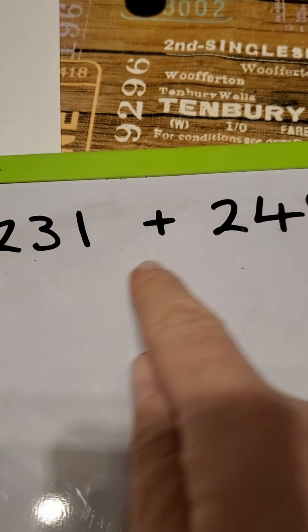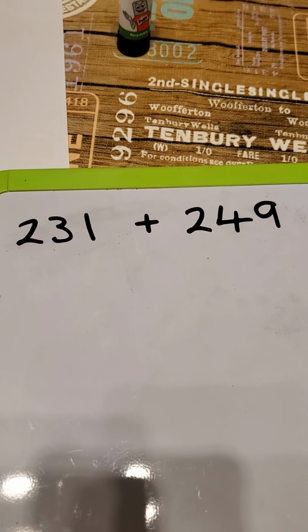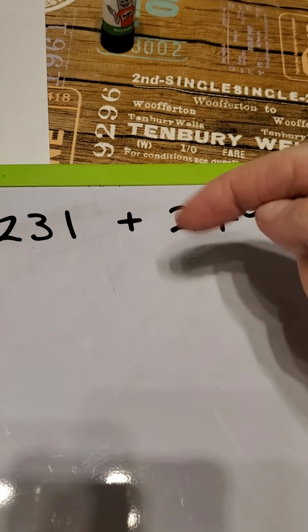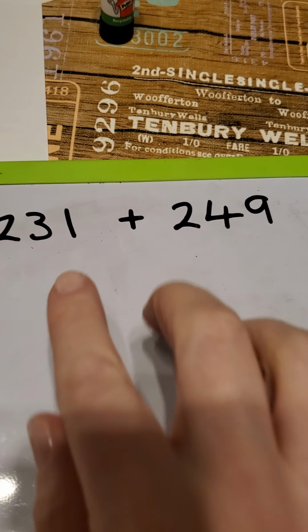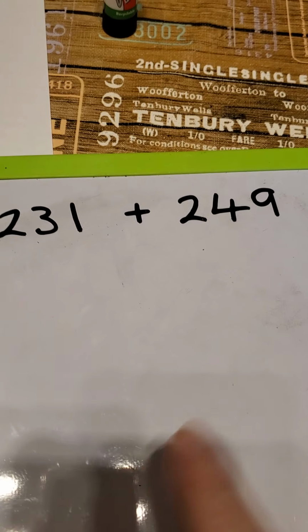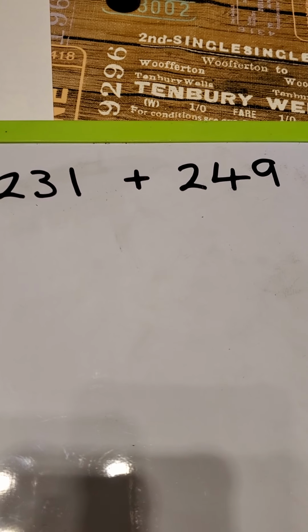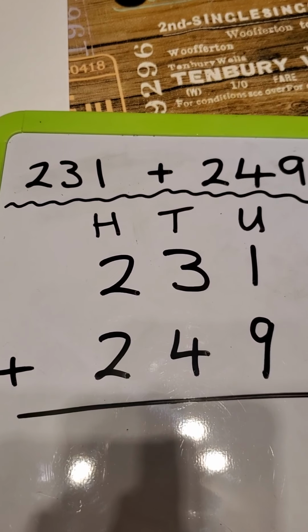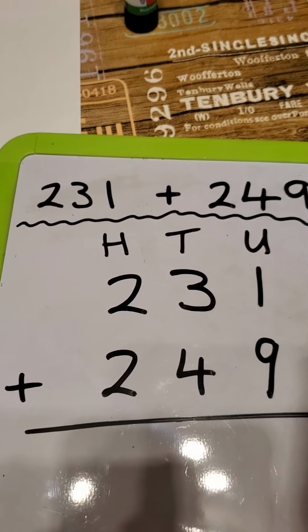Now you'll see it's written out horizontally, straight across, but I want you to write them out vertically. So I don't want to see you writing out questions like this. I want you to have it written out vertically. And you can just use some lined paper or really any kind of paper that you have at home to write out these questions.